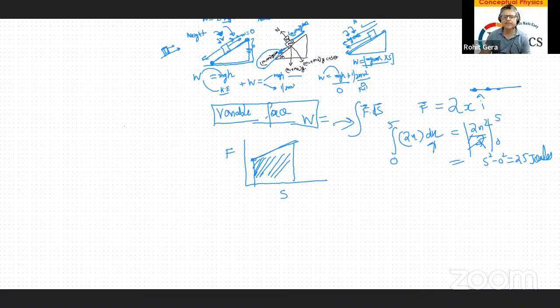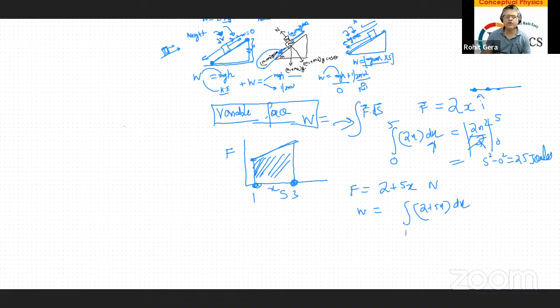Maybe the force is given by an equation with a positive slope, so maybe 2 plus 5x Newton, and this is your displacement x. So the work done is the integration of 2 plus 5x dx, and you can say कहाँ से कहाँ गए? 1 to 3.